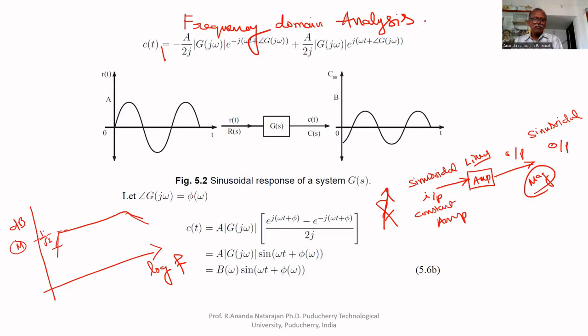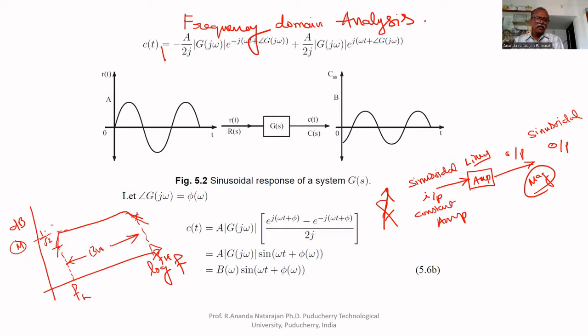From the maximum magnitude, you take 1 by root 2 times and find the corresponding frequency. That is called the lower cutoff frequency. Similarly, you find 1 by root 2 times on the other side. That is called the upper cutoff frequency. Between these two is called the bandwidth. You will be asked to find the bandwidth of the amplifier.